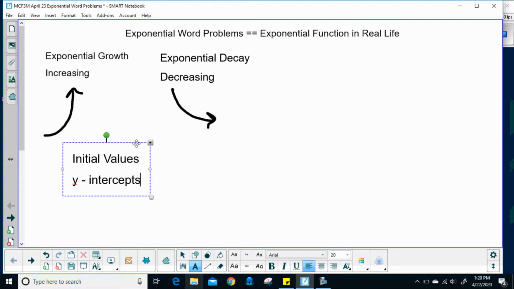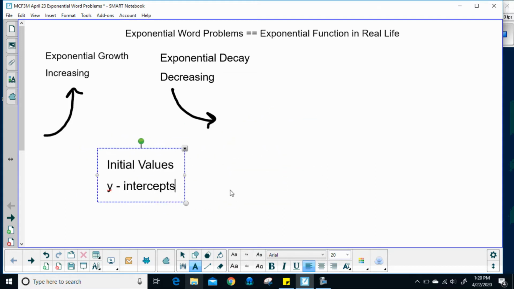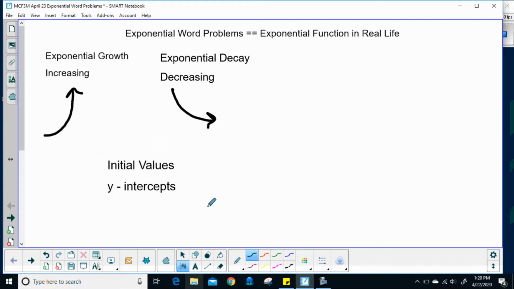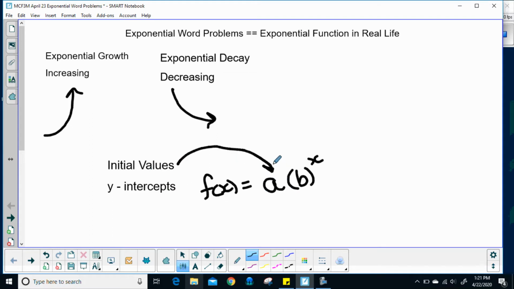So when we were looking at those in our functions yesterday, we noticed that that was that y value in front of our function. So when I go to write a general function here, and I have my base of something, the exponent, my initial value, my a value, that was the a in front, right? So when I get questions with initial values, that's my y-intercept, that's the number in front.